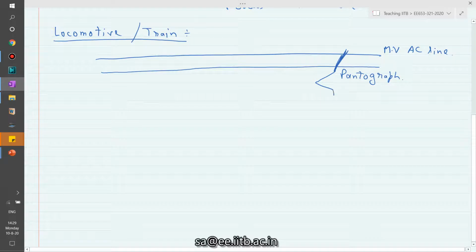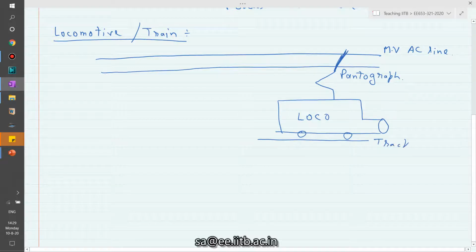Now once this AC voltage comes, in between you have your loco or train, and then you have the wheels, and the wheels are on the track, and this becomes the negative. So if this is the phase, this is neutral. That's how the whole circuit gets completed.